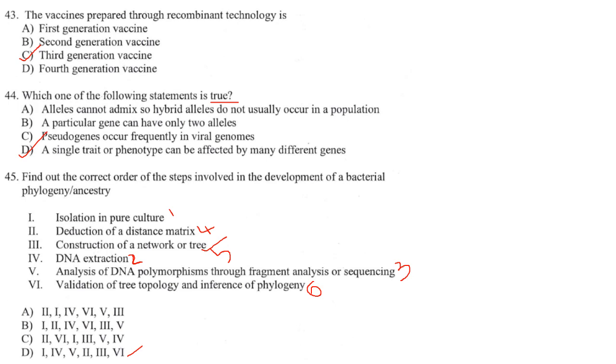That is your fifth one. And validation of the tree topology and inference of phylogeny, that is your sixth one. So it will be 1, 4, 5, 2, 3 and 6. Answer is option D.